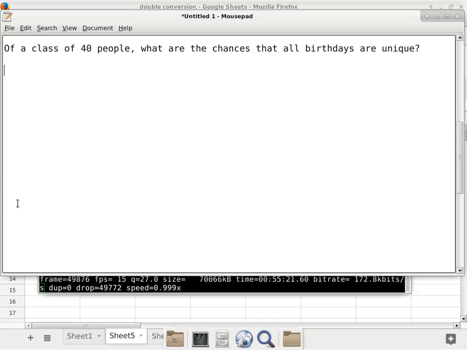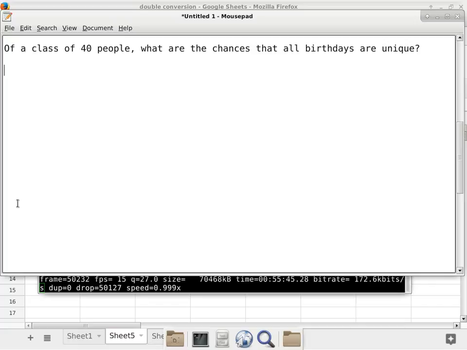This is the number of outcomes we are interested in, and this is the total possible number of outcomes, so it becomes a probability. This is the probability of having unique birthdays in a class of 40 people.